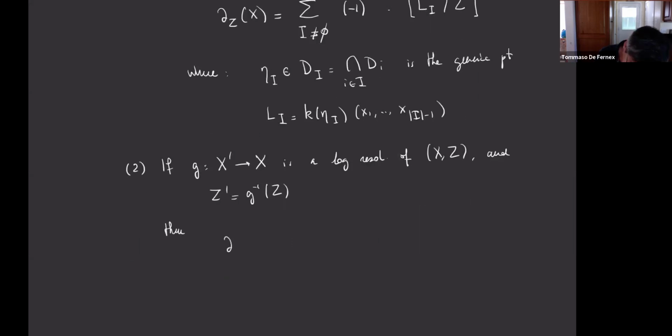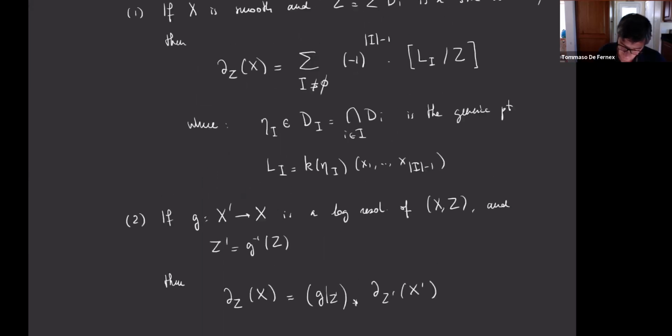we want this class associated to the pair (X, Z) to be the same up to the push forward. So maybe I restrict g to Z prime and push forward the class computed on the log resolution, which is computed by the formula I just gave in the first condition.